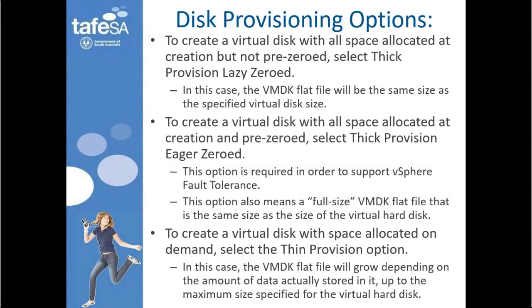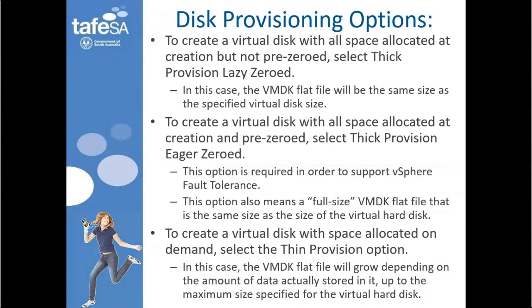This option means the full-size VMDK file is the same size as the virtual hard disk. To create a virtual disk with space allocated on demand, so that means if you create a 60 gig virtual hard disk, you might end up with a 2 gig VMDK file, it's called thin provision. That's where you don't allocate all the space straight away. So what's the advantage of this?